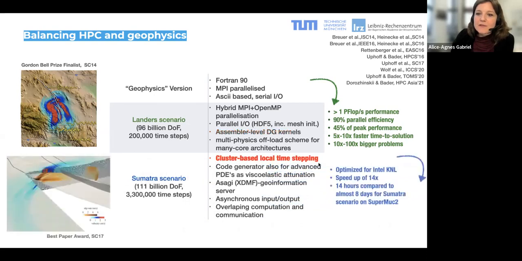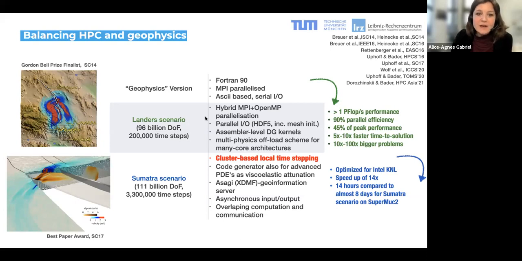And in terms of what this brings for the user, as you can see here in green, this is a 10 times faster time to solution and allowed to have 100 times bigger problems. And that is basically often the difference between being able to solve a problem because you can fit it into the computational resources you have at hand, or not being able to do it.